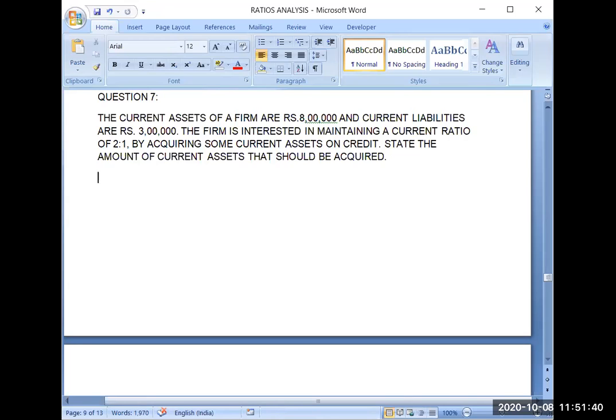So now let's suppose the firm should acquire X amount of current assets.